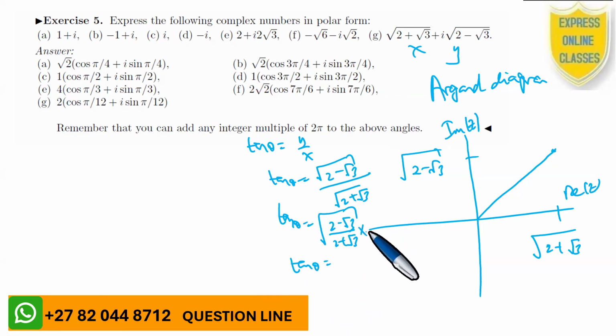So this you're going to rationalize and have 2 minus square root of 3, 2 minus square root of 3 under the square root, which is 4 minus 3.